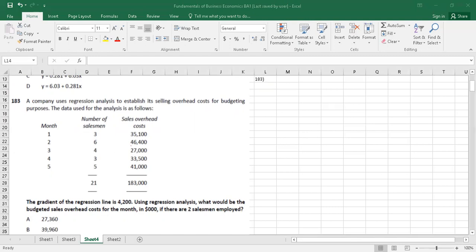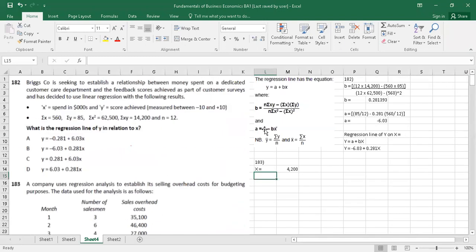X value is already given, x value is equal to 4,200. Now a has to be known and b also has to be known. If we look at this equation, a is equal to y bar minus b x bar. Now what is b?